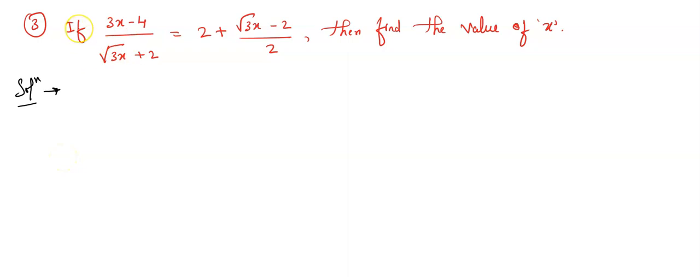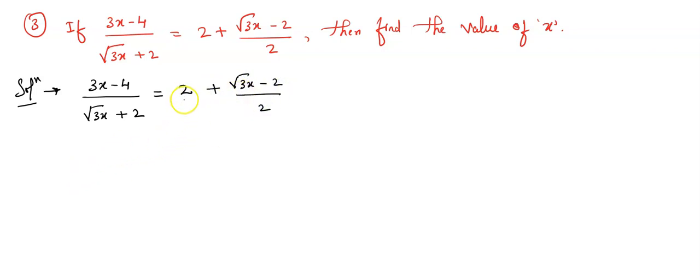See children, here it is given: if (3x minus 4) by root of (3x plus 2) is equal to (2 plus root 3x minus 2) by 2. So how can we solve this problem? First let me write it as it is. Here you can see there is a plus symbol.